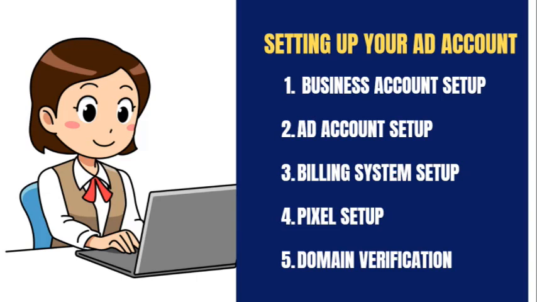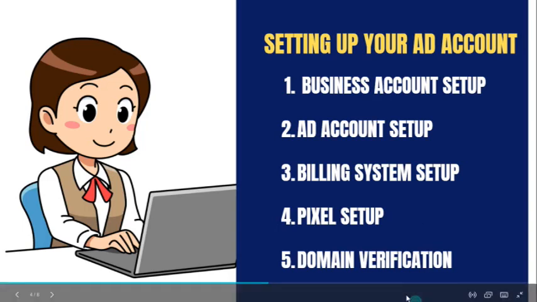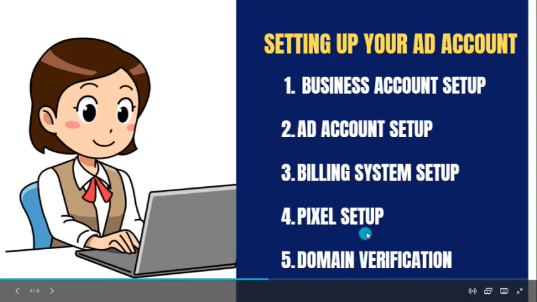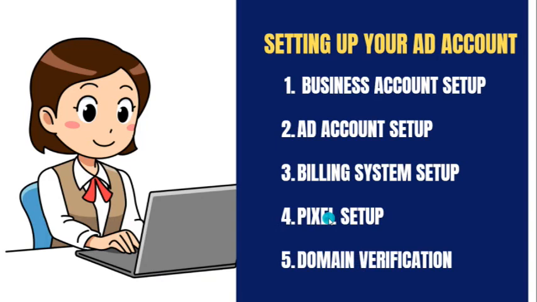We set that up, though that day the account was not funded, but I showed us how to fund it. It's as easy as ABC. We also verified our domain, and we set up the Pixel on our website to be able to track the visitors to our website, and some other things.